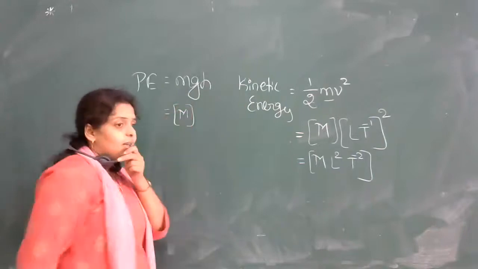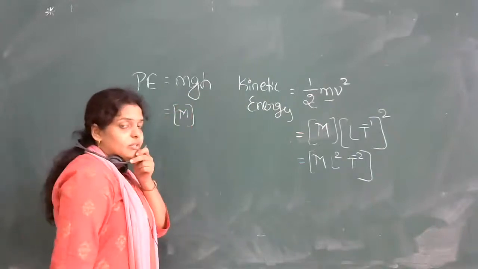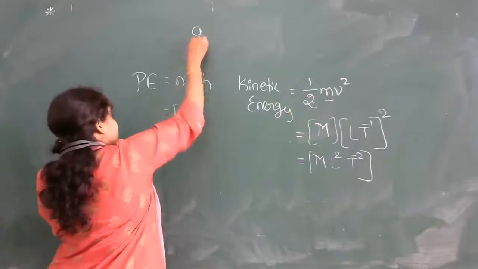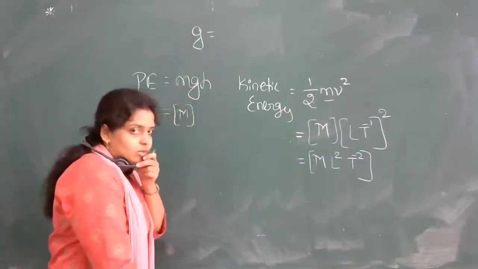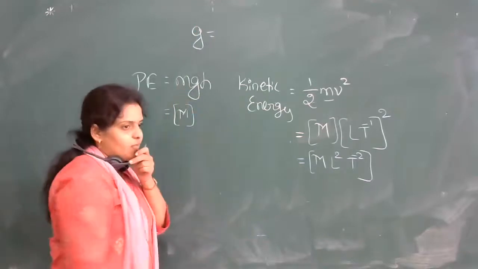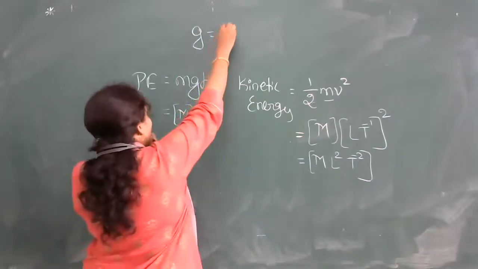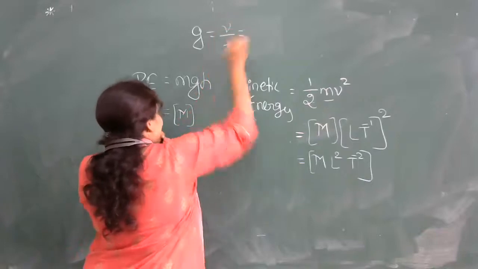Next, g, acceleration. If you want, I'll write it separately and show. Acceleration, either g or you can take a also, but here we have acceleration due to gravity. So acceleration is equal to velocity divided by time.